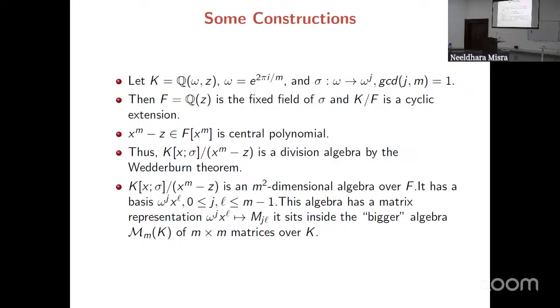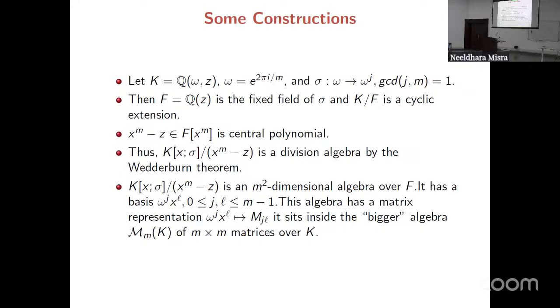You can see that x to the m will map to z times the identity. And all the scalars, if you take any b in K, its image will be the diagonal matrix, which is b, sigma of b, up to sigma to the m minus 1 of b. I should have said m here.